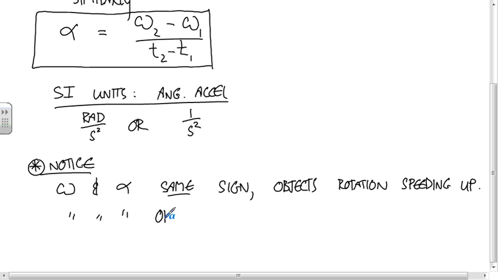And if they have opposite signs, the object's rotation is slowing down. Any questions about any of this so far?